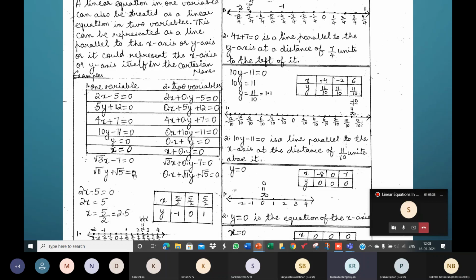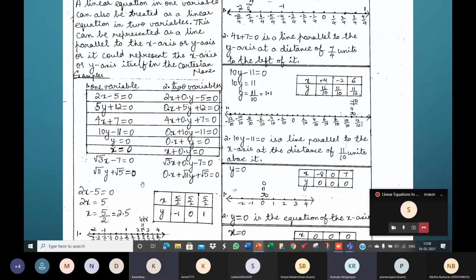Now here you should use the standard form as ay plus b. You shouldn't say ax plus b. Ay plus b is equal to 0. Y is the variable. What's the value of a here in this example? Root 11. And the value of b is?